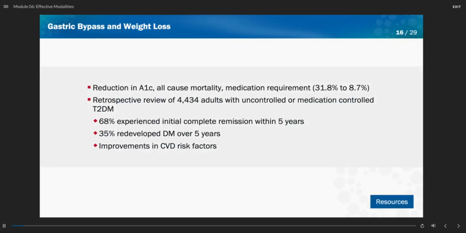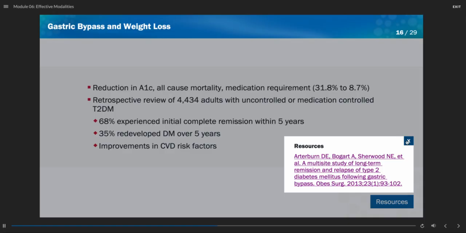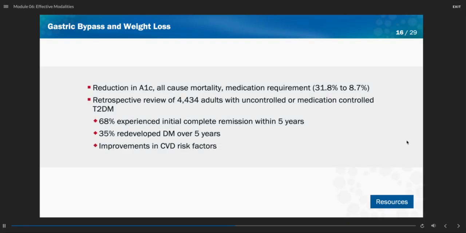So in general, looking at gastric bypass and weight loss, we see that there is a significant reduction in A1C, all-cause mortality, and medication requirement from 31.8% to 8.7%. In a retrospective review looking at more than 4,000 adults with uncontrolled or medication-controlled type 2 diabetes, the study found that 68% experienced initial and complete remission within 5 years, and 35% redeveloped type 2 diabetes over 5 years.